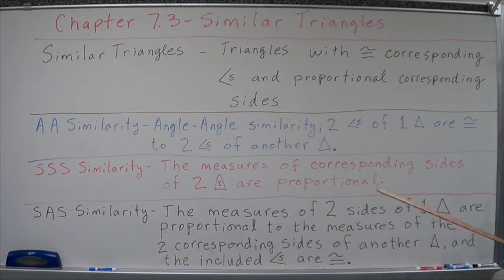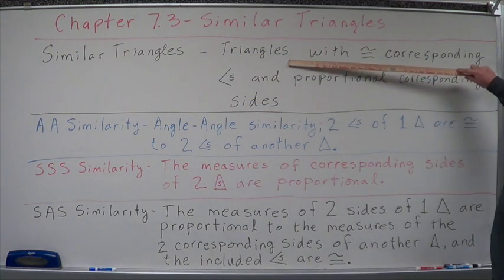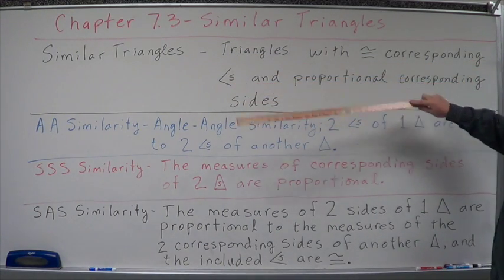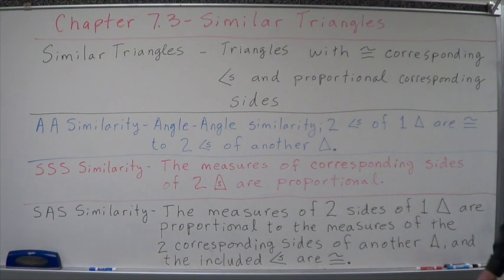Now, similarity is about congruent corresponding angles and proportional corresponding sides. Well, if all three of the angles are congruent, then the only thing that's different about those two triangles is their size. One's bigger, one's smaller, or they may happen to be the same size.